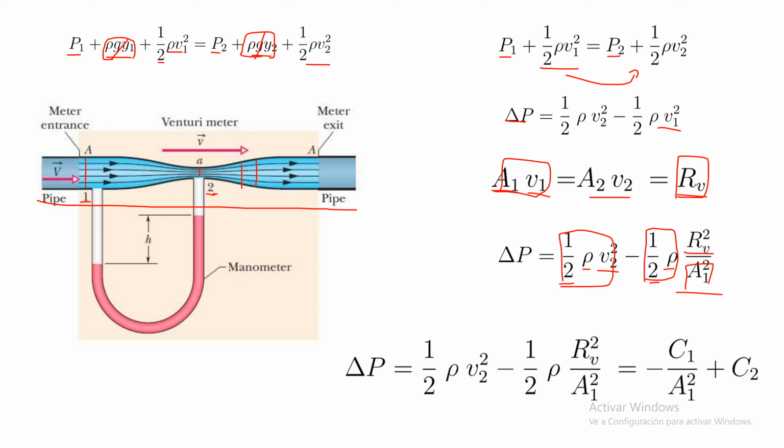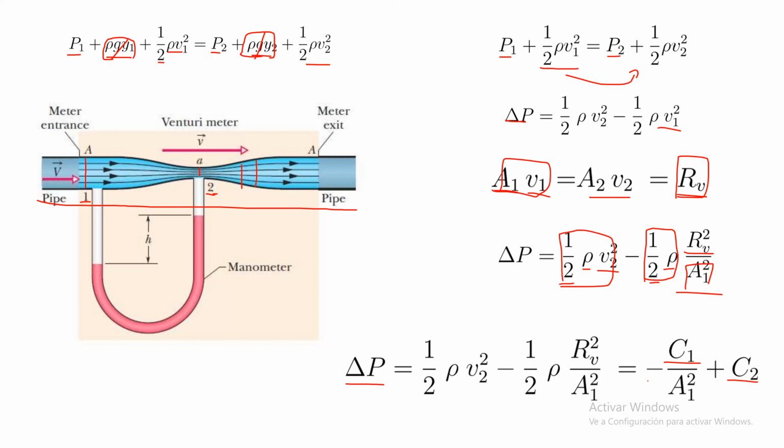So we can simplify the formula by taking these constants as constant 1 and constant 2, or C1 and C2. So basically, in a Venturi tube, the change of pressure using a point of reference, specifically point 2, which will be the smaller portion of the Venturi tube, will always be this value right here, which is just two constants.